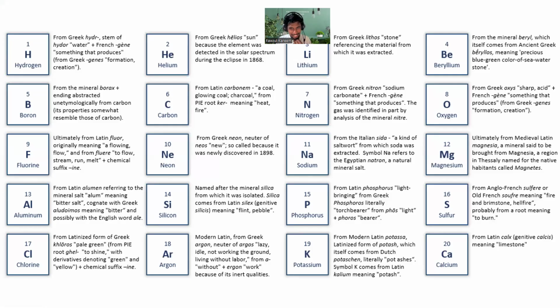So here you can see the chart that each and every element has a different atomic number. If that atom has one proton, I will say hydrogen. If it has two protons, helium. Seven protons, nitrogen. Fifteen protons, phosphorus. Eighteen protons, argon. Twenty protons, calcium.